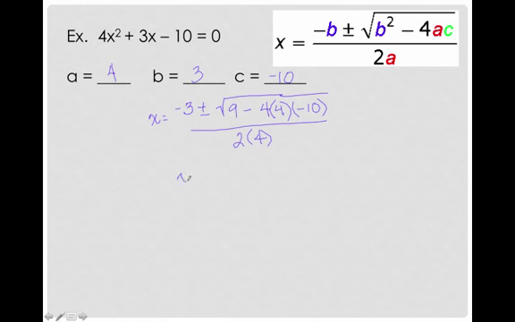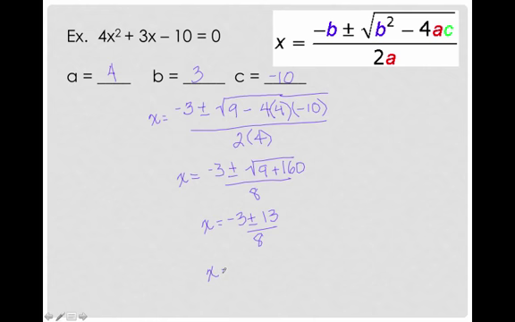So starting to simplify this, I've got x equals negative 3 plus or minus the square root of 9. And I've got 4 times 4 is 16 times negative 10, negative 160, except I'm subtracting negative 160, so adding 160, all over 2 times 4, or 8. So I've got x equals negative 3 plus or minus, this is the square root of 169, which is 13, over 8. So I've got two values for x.